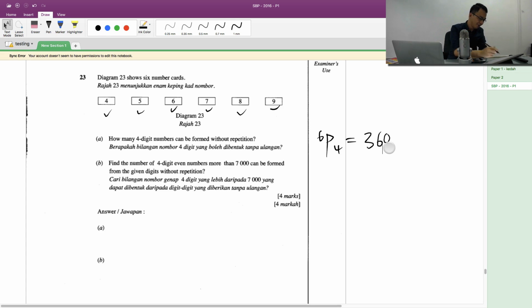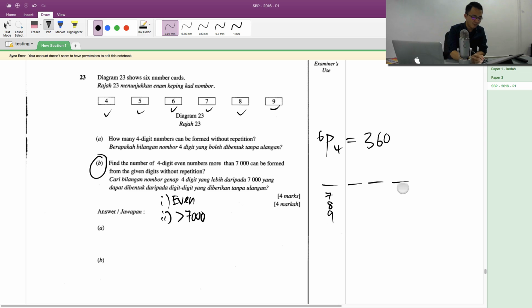For part B, find the number of 4-digit even numbers more than 7,000. You have 2 conditions. First, it must be even. Second, it must be more than 7,000. To be more than 7,000, my first digit can only be 7, 8, or 9.